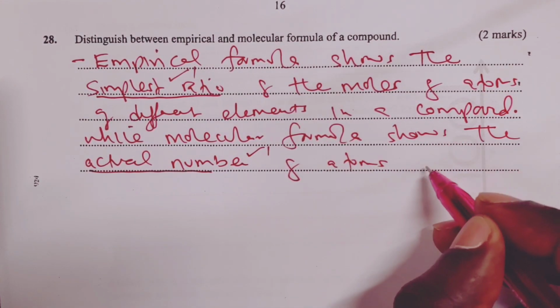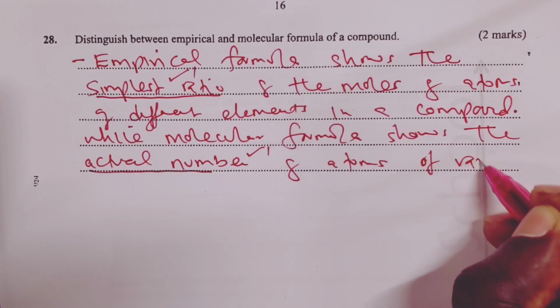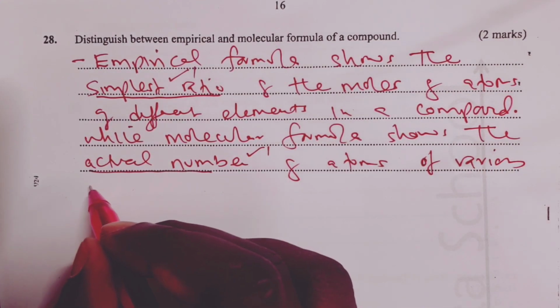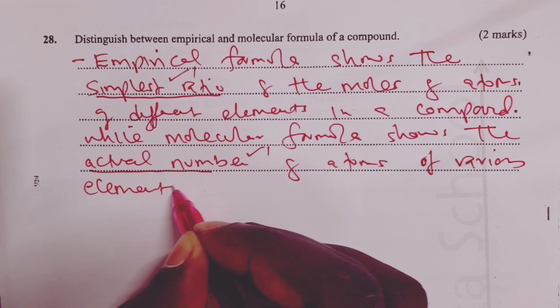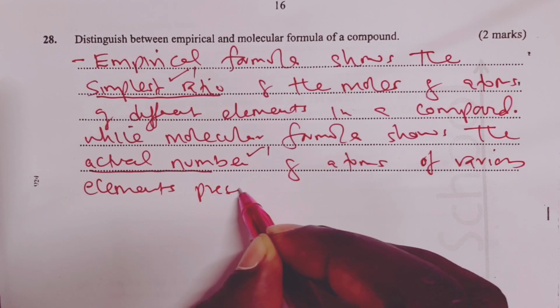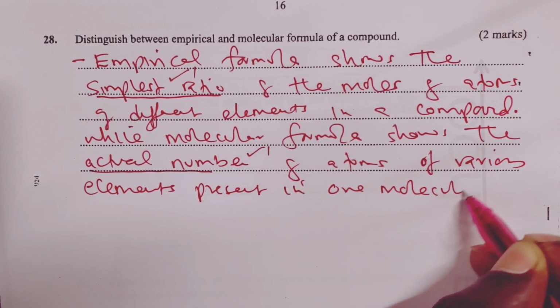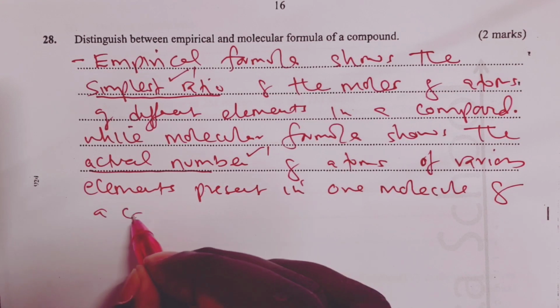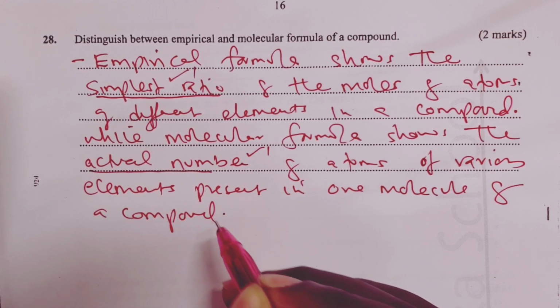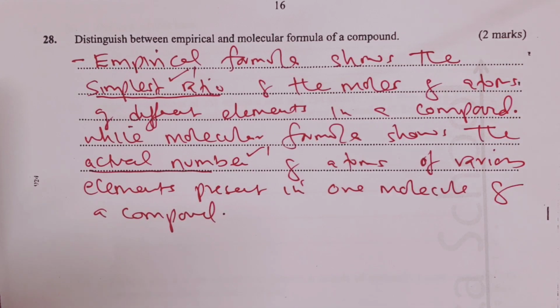Actual number of atoms of various elements present in one molecule of a compound. That would be the difference between empirical and molecular formula of a compound.